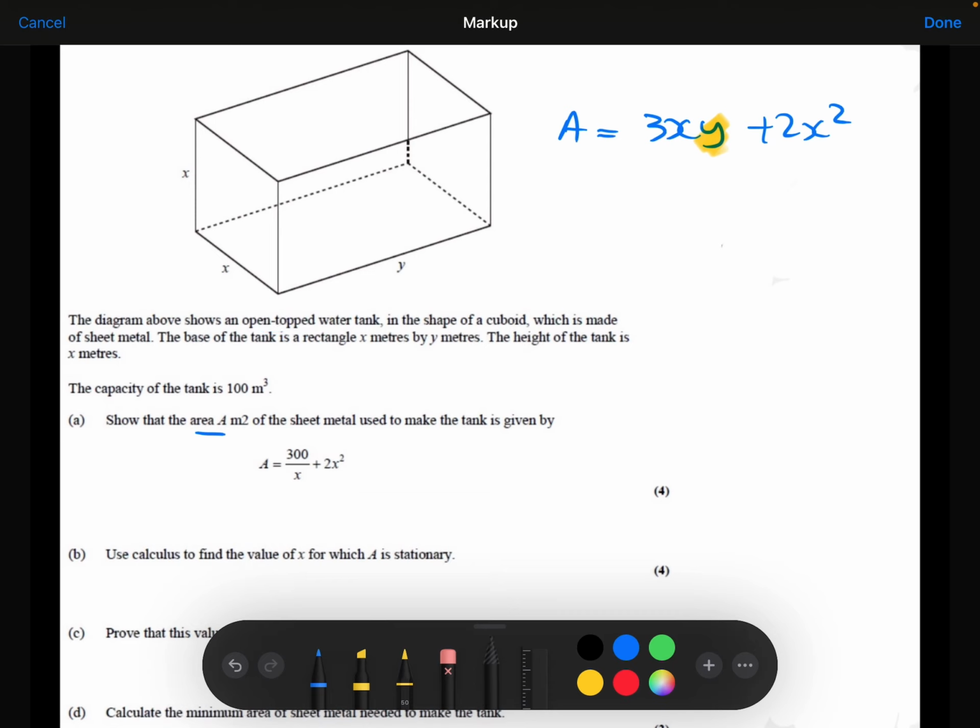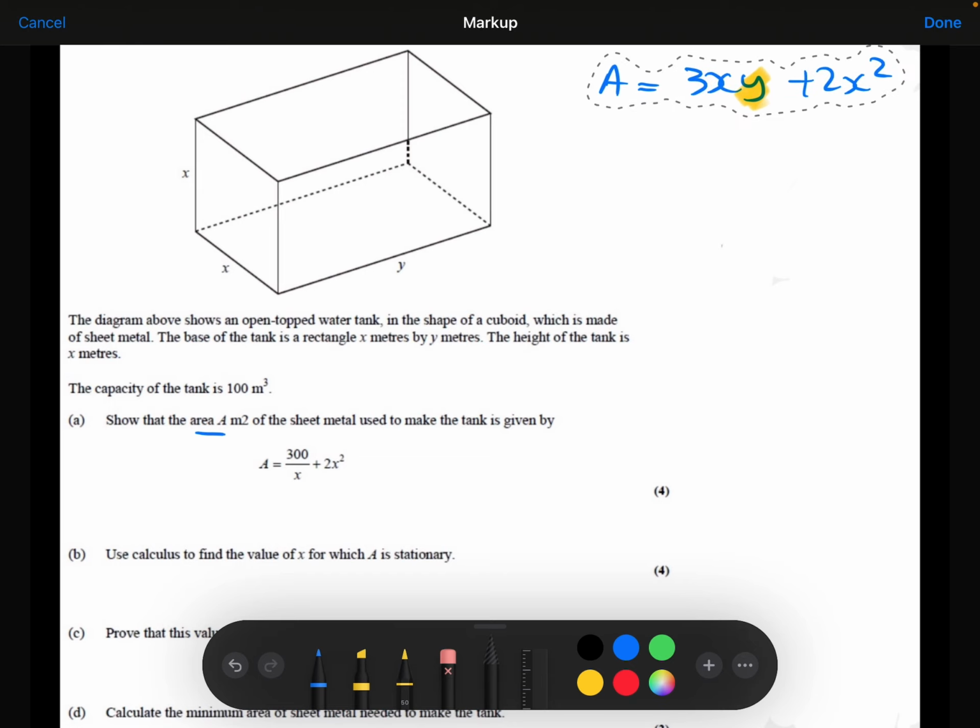Because there is some information in the question that I've not used yet. We were told that the capacity of the tank, now another word for capacity is volume, we were told the volume of the tank was 100 meters. So let's see if we can use that information.